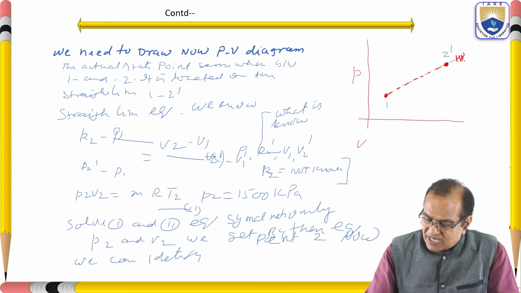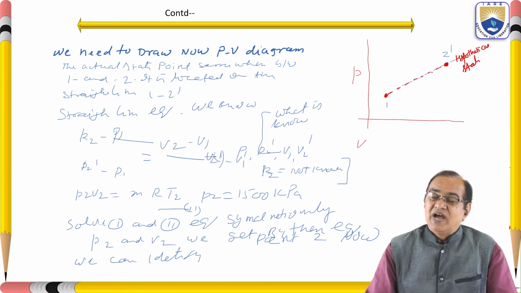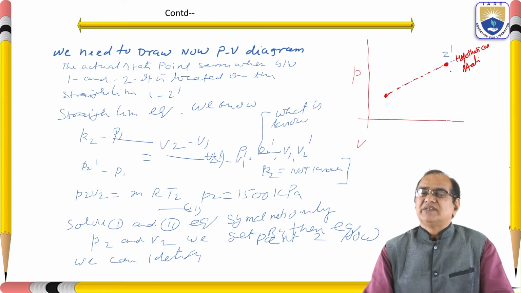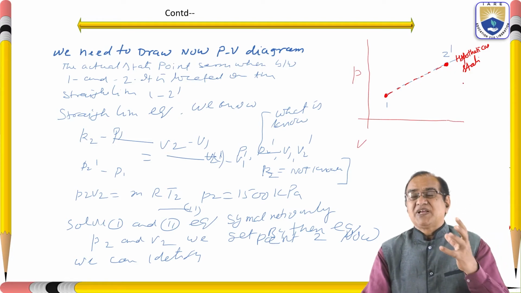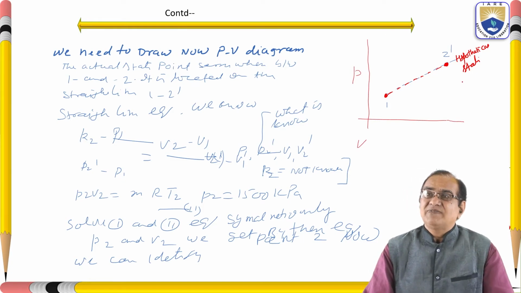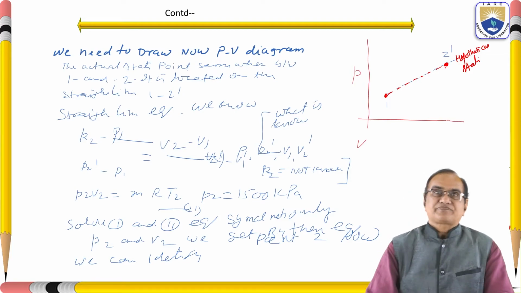This is the hypothetical state, so that the slope of this line can be identified, especially since the spring is linear. If spring constant K is not given, this type of system is very useful, and this is used only to find out the slope of the line.